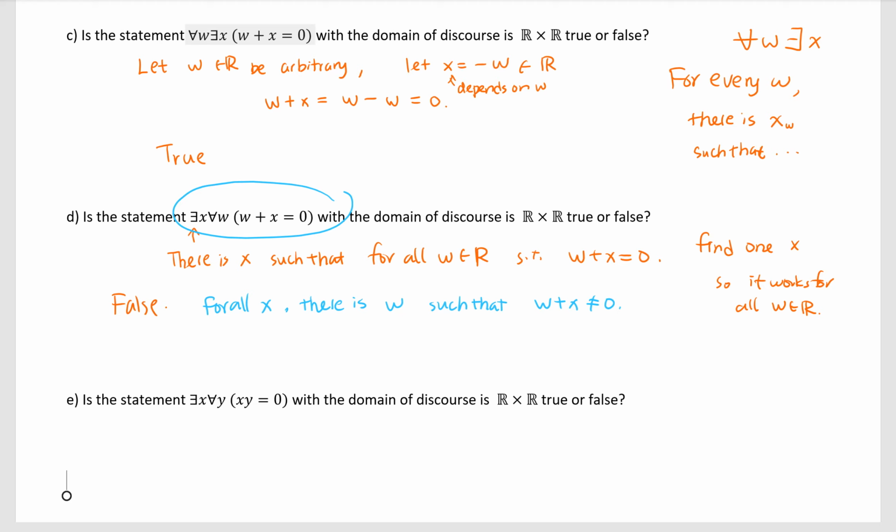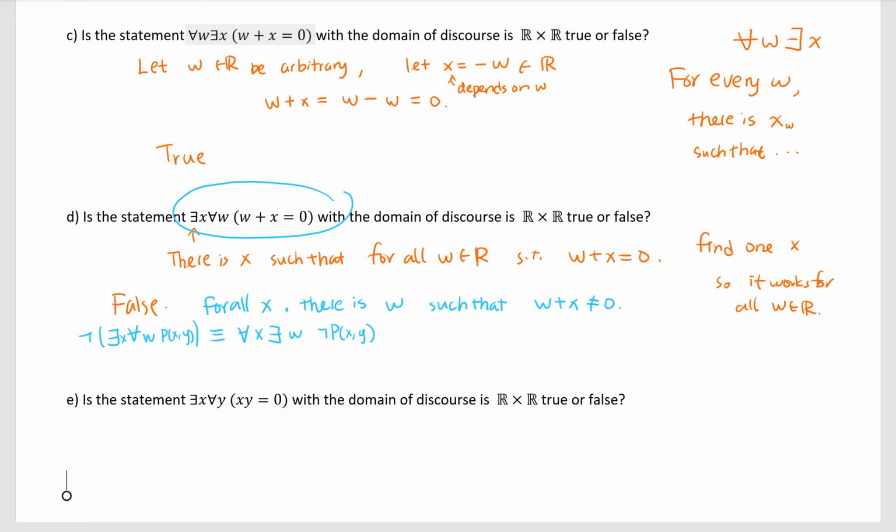Remember the negation of there exists x for all w, p of x, w is: for all x, there exists w, not p of x, w. So that's why we're going to show the negation is true. So for all x, there is a w such that not p, so w plus x is not 0.